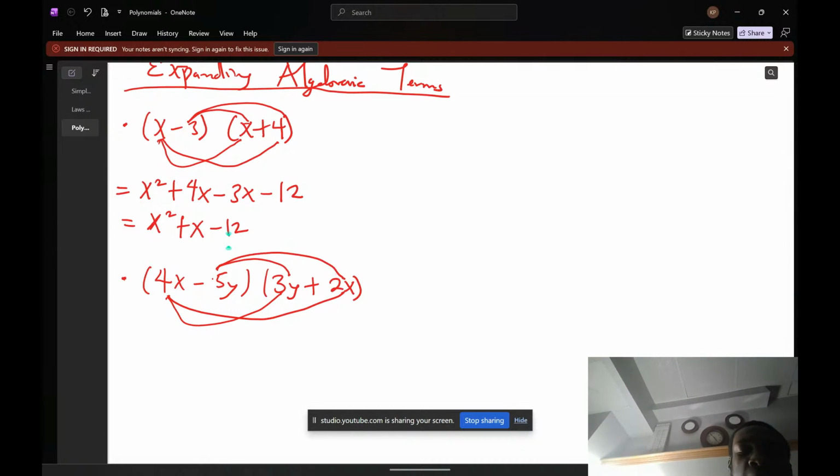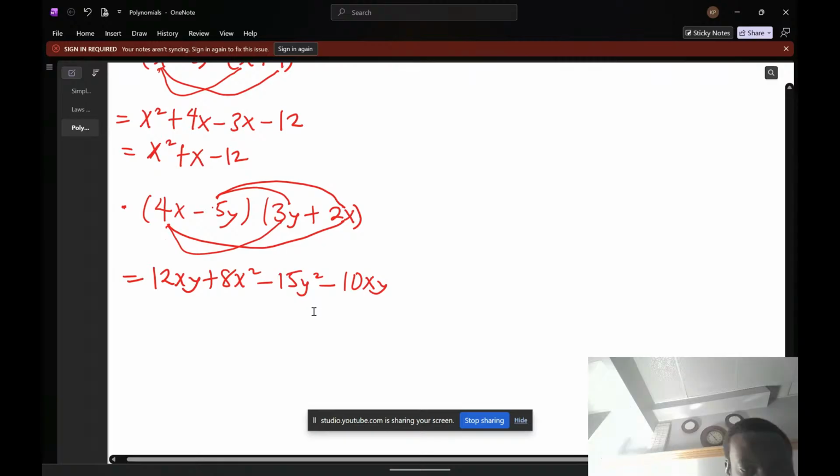Use this to multiply that. So we have 4x times 3y will be 12xy. 4x times 2x will give us plus 8x squared. Minus 5y times 3y is minus 15y squared. Minus 5y times plus 2x is minus 10xy.